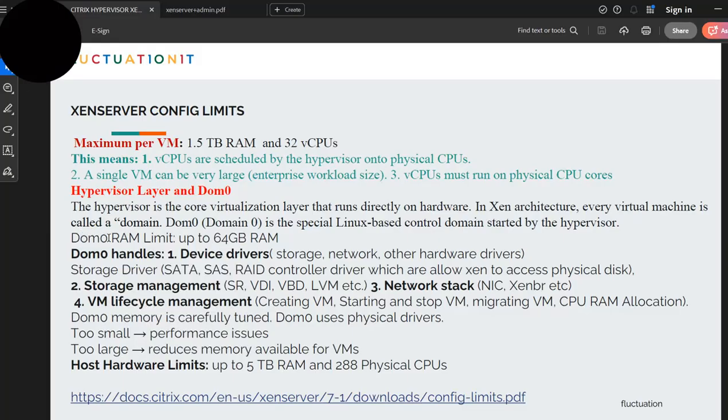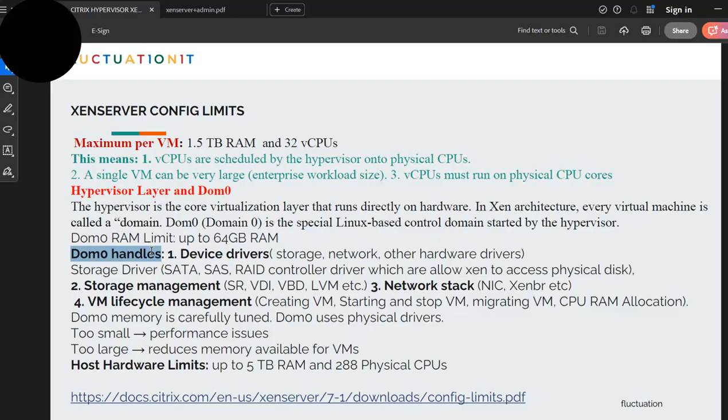If you set less than 2 GB RAM for Dom0, your hypervisor will lag. So you must carefully tune this Dom0 RAM. In our lab we will see everything in detail.